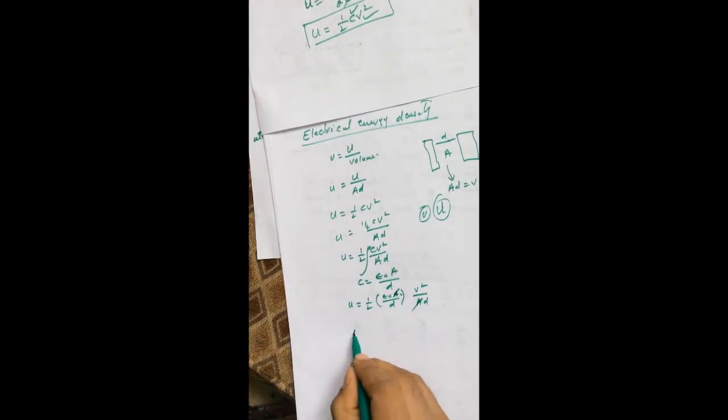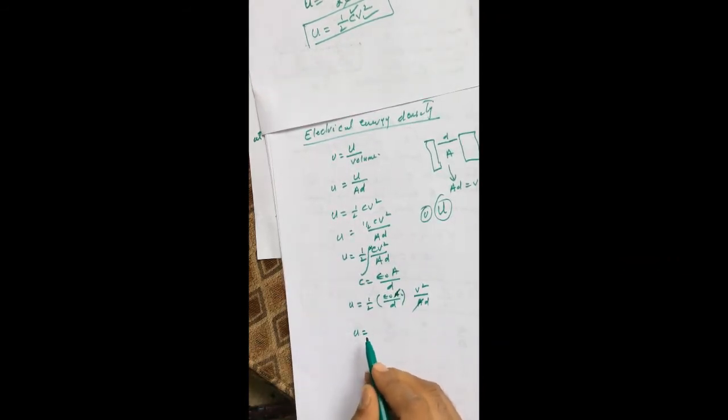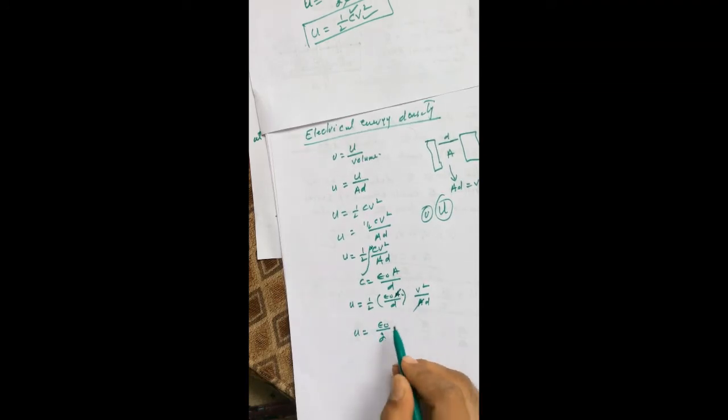A cancels with this one, so we have the energy density u, which is equal to epsilon naught over 2, and we have V square over D square.